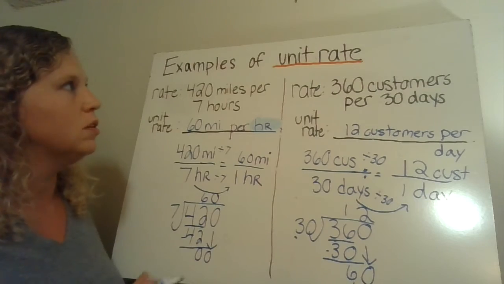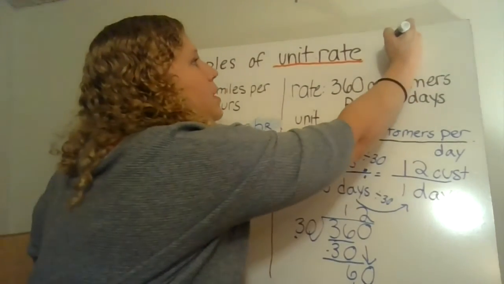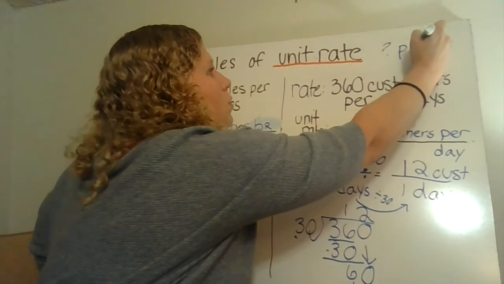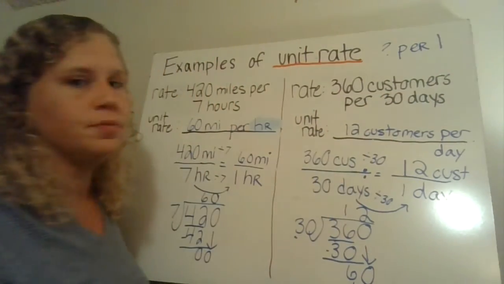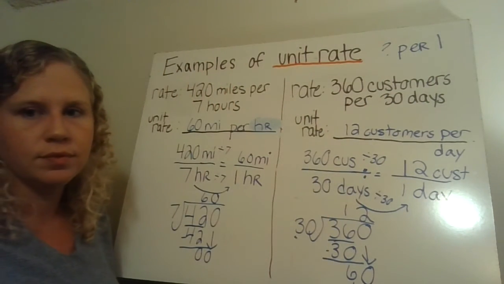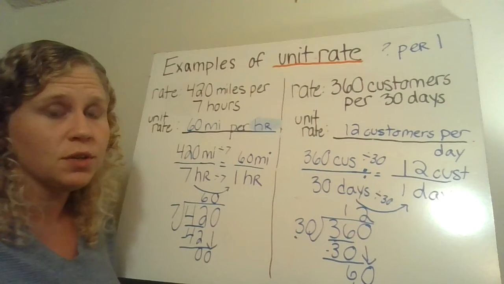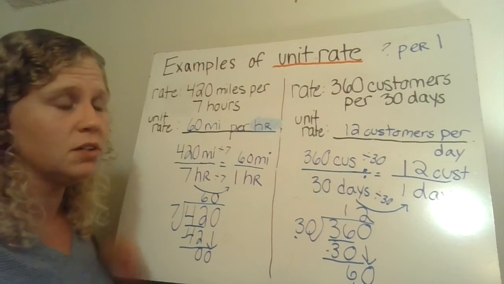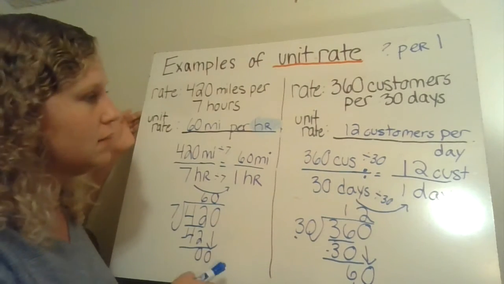So again, the goal of the unit rate is to figure out how many per 1. Okay, pause the video here if you need to finish copying this down. Otherwise, we're going to go into our second slide.